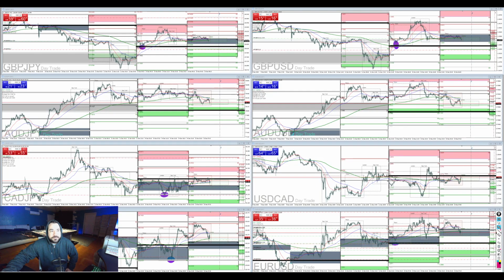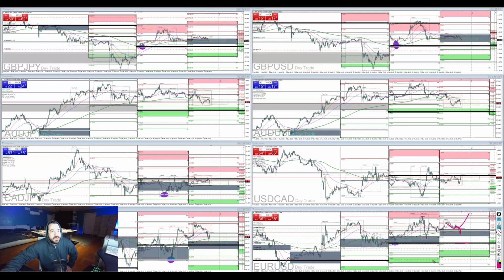Okay, so hit the target, reset, entry, stop out down here. I don't like the fact that we haven't bottomed out.